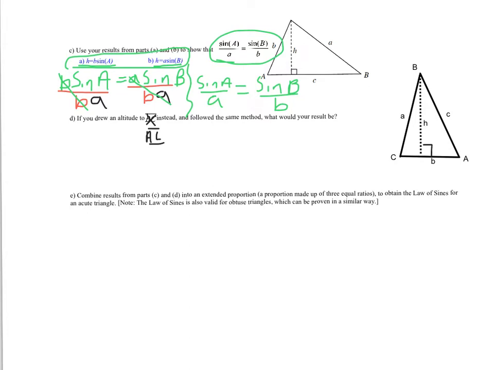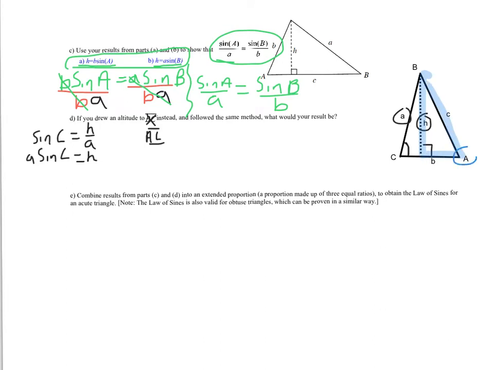And so now if I take a look at angles C, H, and A, I have the sine of angle C equals opposite over hypotenuse, or another way to write it, multiply both sides by A, A times the sine of angle C equals H. I also have on the other side this piece right here.